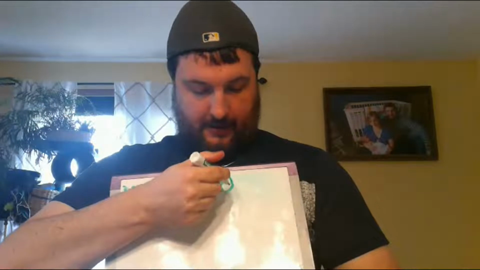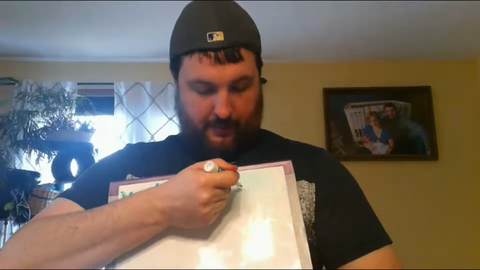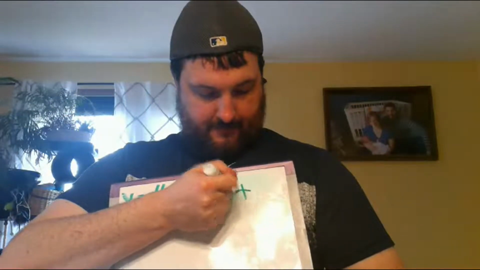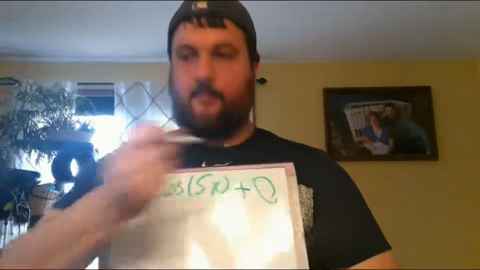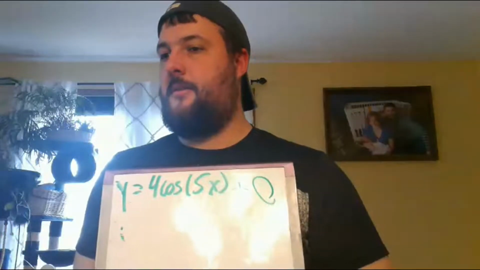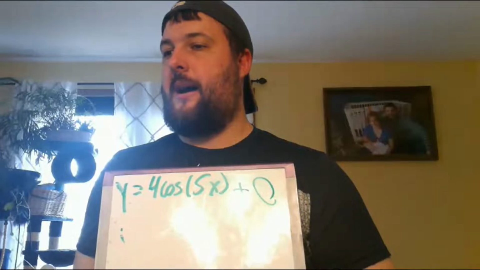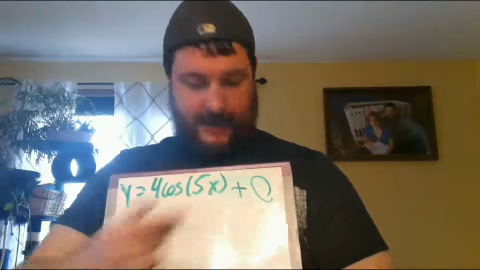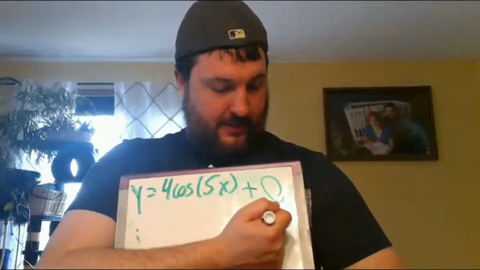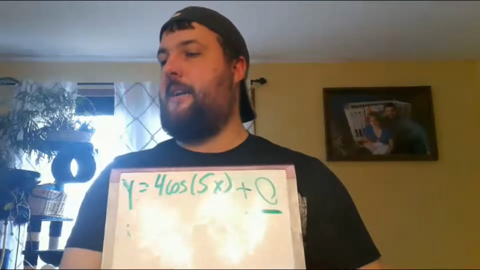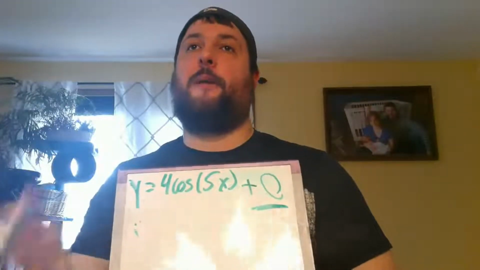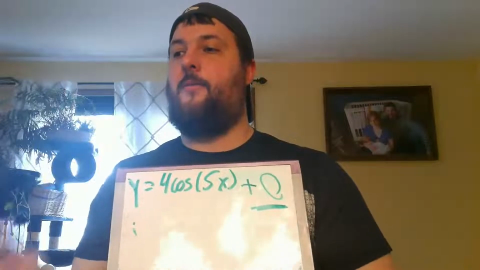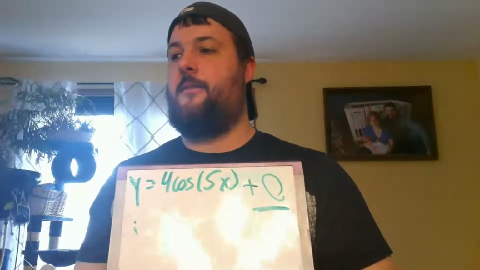I'm adding nothing. There's a plus 0 there, so that's why the midline equation is y equals 0. Y equals this number is the midline equation. If it had been a plus 4, it would have been y equals 4. If it had been a minus 3, it would have been y equals minus 3, right?